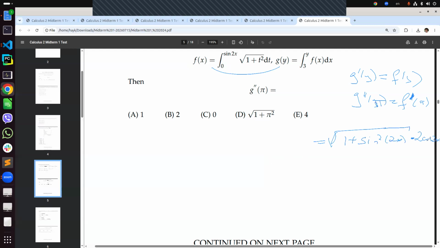Plugging in pi, sine 2 pi is 0. So we'll get just 2 times cosine 2 pi. So 2. Enough?